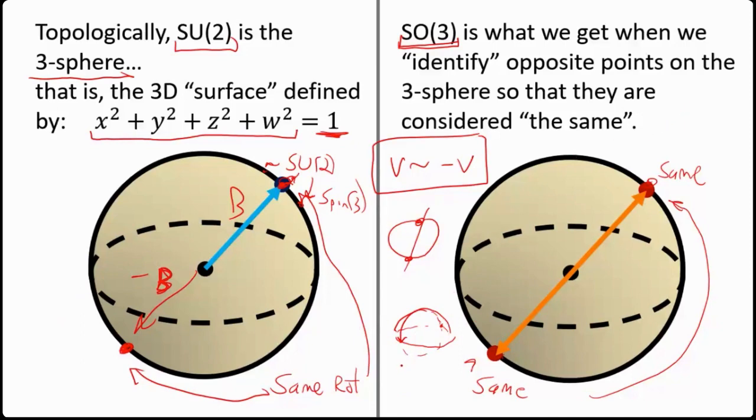SO3 is, I think, actually diffeomorphic to RP3 or RP2. As a manifold, it's the same as one of the real projective spaces. I think it's RP3.